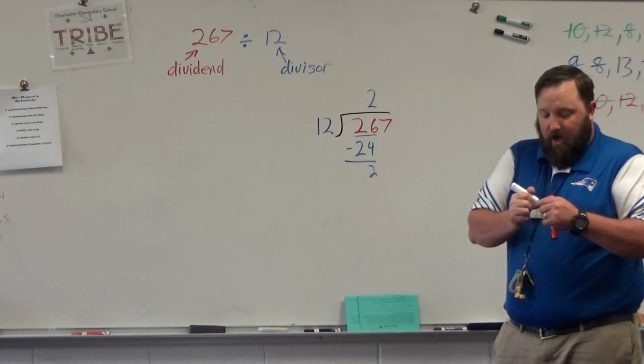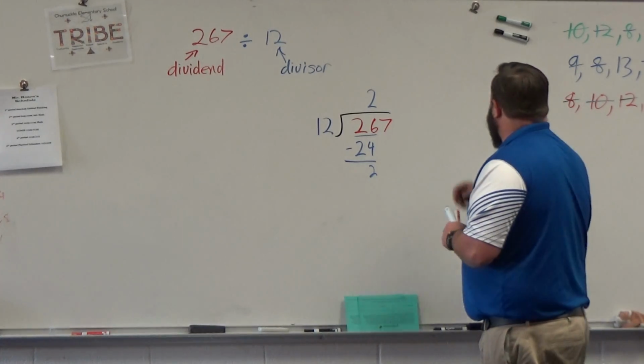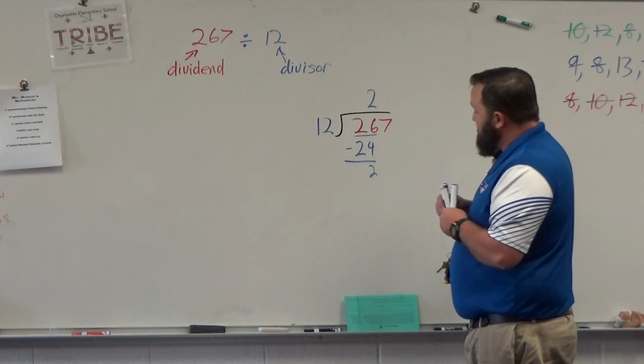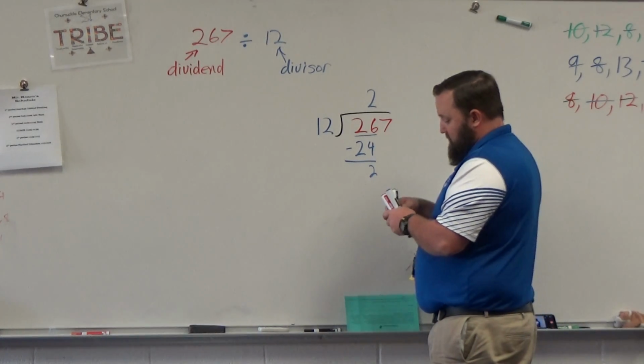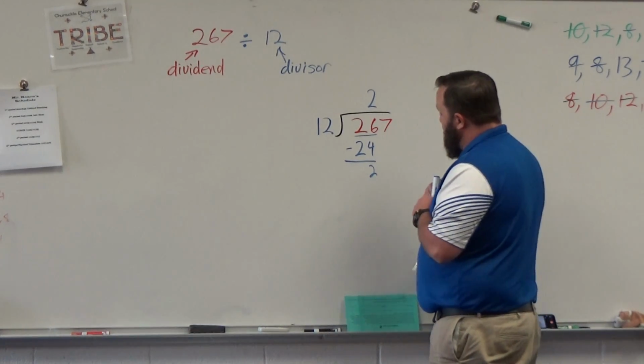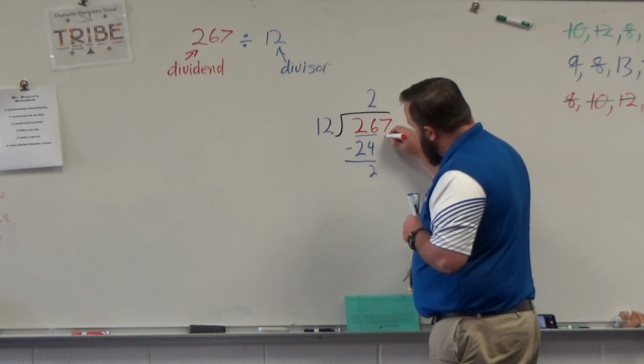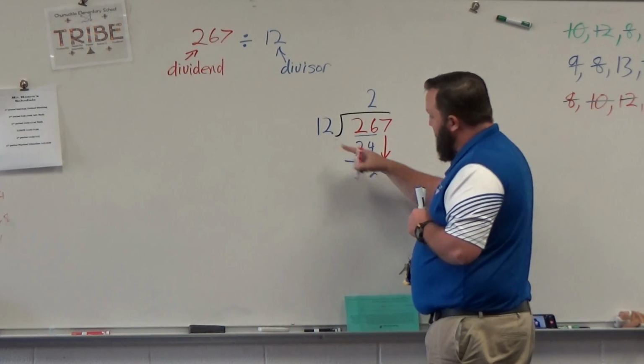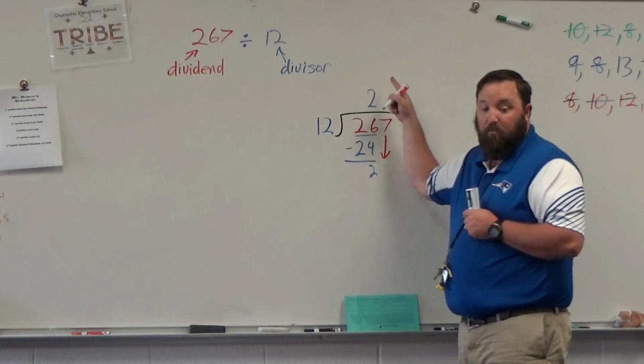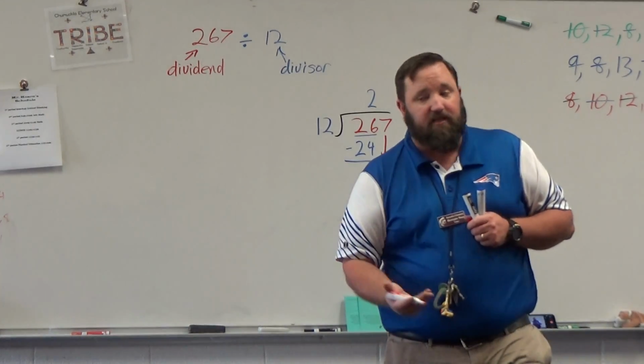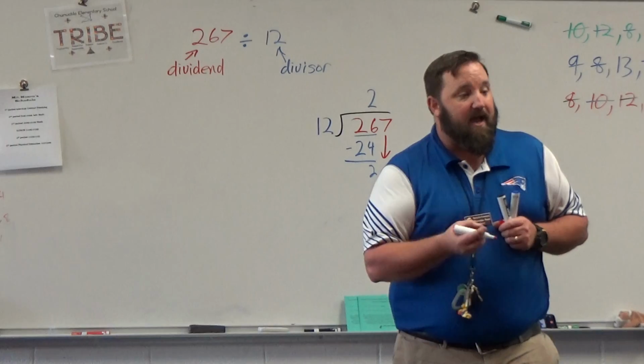Now, the most common miss, and I caught some folks doing it today. You guys have got to remember to bring this next digit down. If I say 12 into 2, put 0, and some people were doing this today, and I corrected you on it, that is wrong.